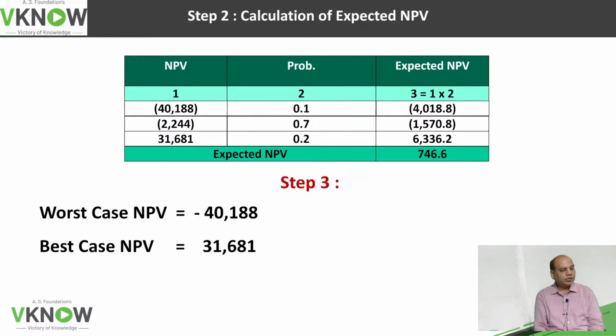Step number 3. The question is, what is the worst NPV and what is best NPV? Write down worst case NPV equal to minus 40188. Best case NPV equal to, which is the highest one, 31681.